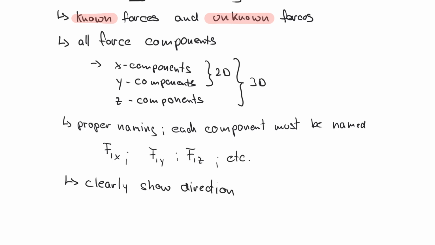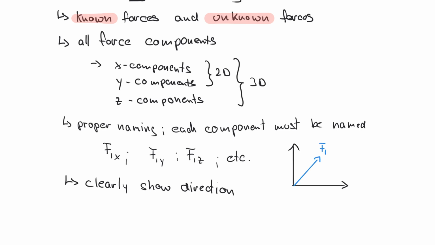What do I mean by that? I mean that it's not enough to simply draw a coordinate system, let's say. Let me draw one here. So you have a coordinate system, and then it's not enough to just put a force in here. Let's say this is my F1.